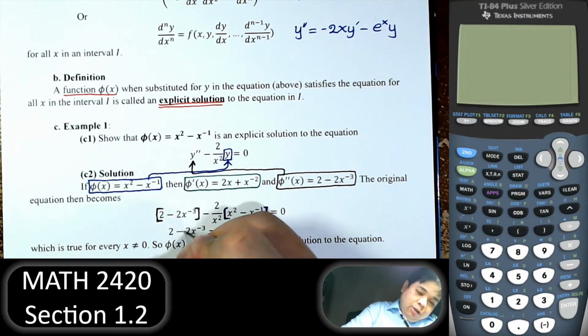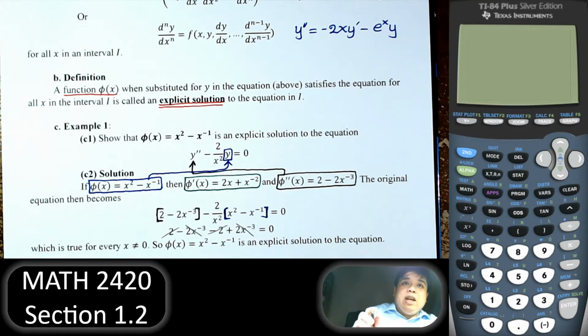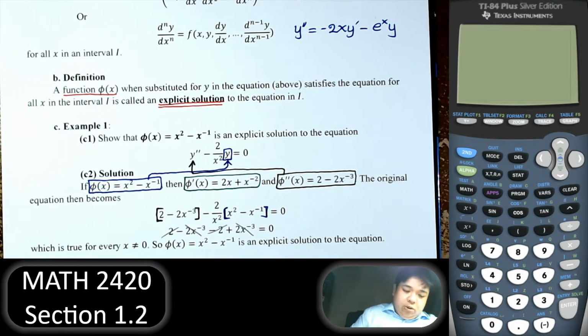Negative 2 cancels 2, negative and positive cancel out, so everything cancels out, so 0 is equal to 0.